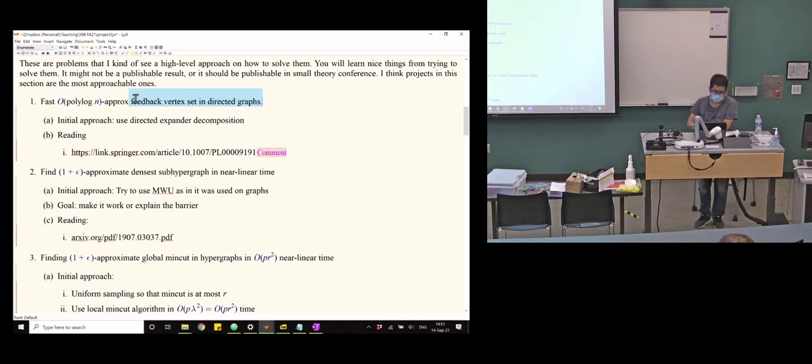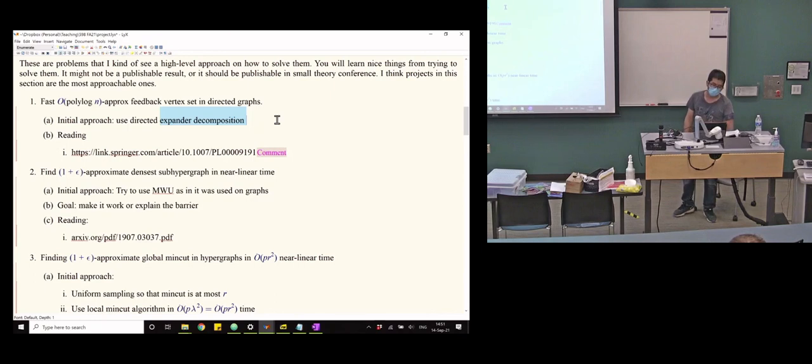And people have shown a log-n approximation algorithm for this, but no one has shown how to do it fast, in linear time. And later in class, we will see something about expander decomposition.